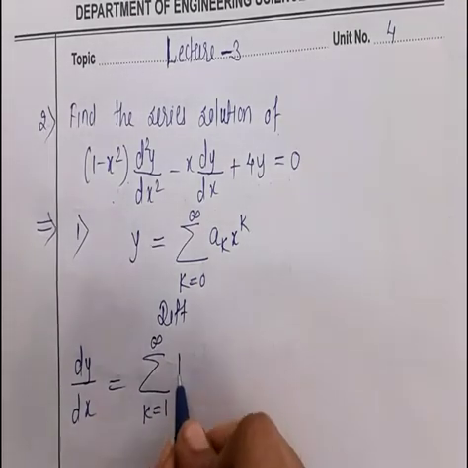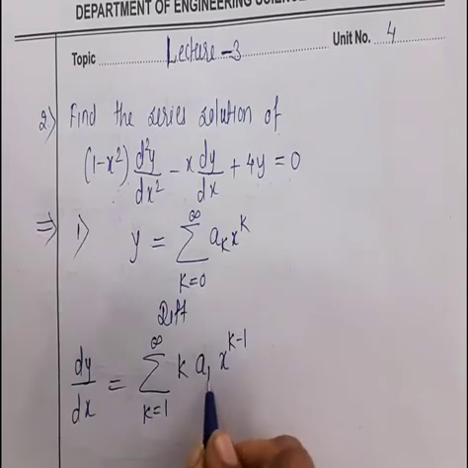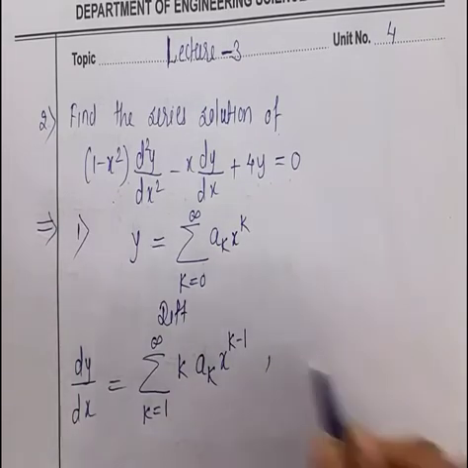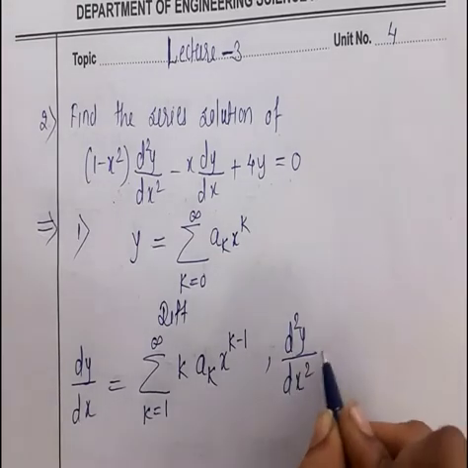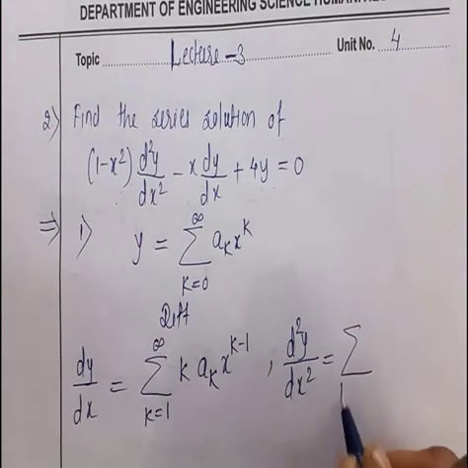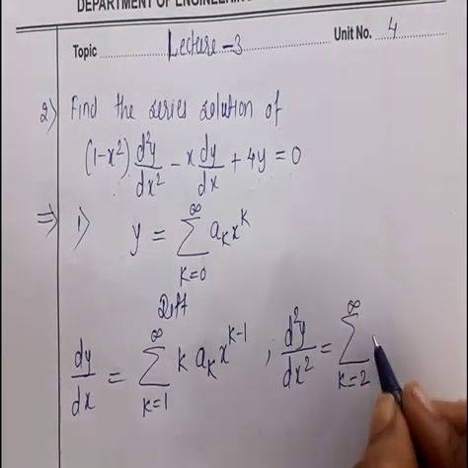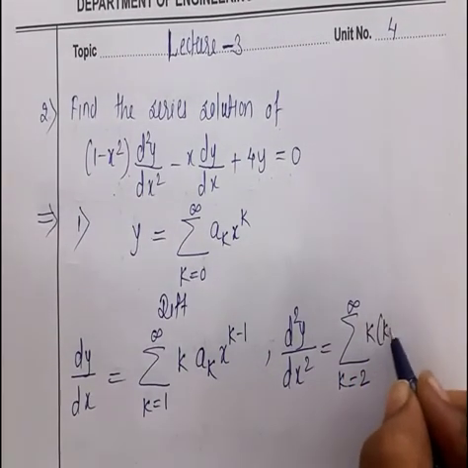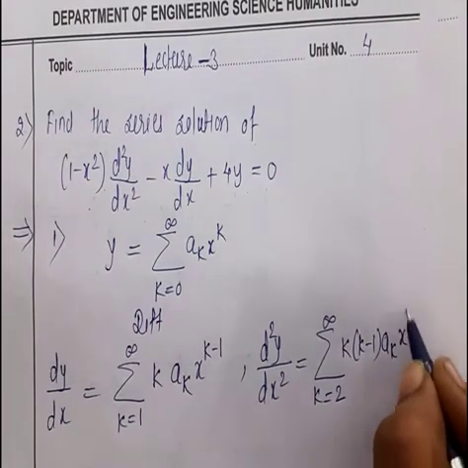The derivative of x to the power k is k into x to the power k minus 1, and ak remains as it is. And d2y by dx square is equal to summation k is equal to 2 to infinity, k multiplied by k minus 1 ak x to the power k minus 2.